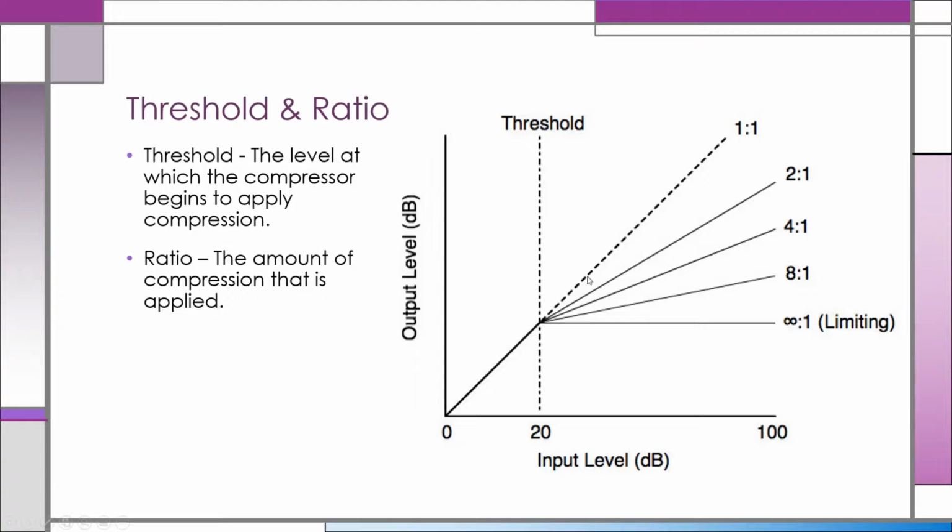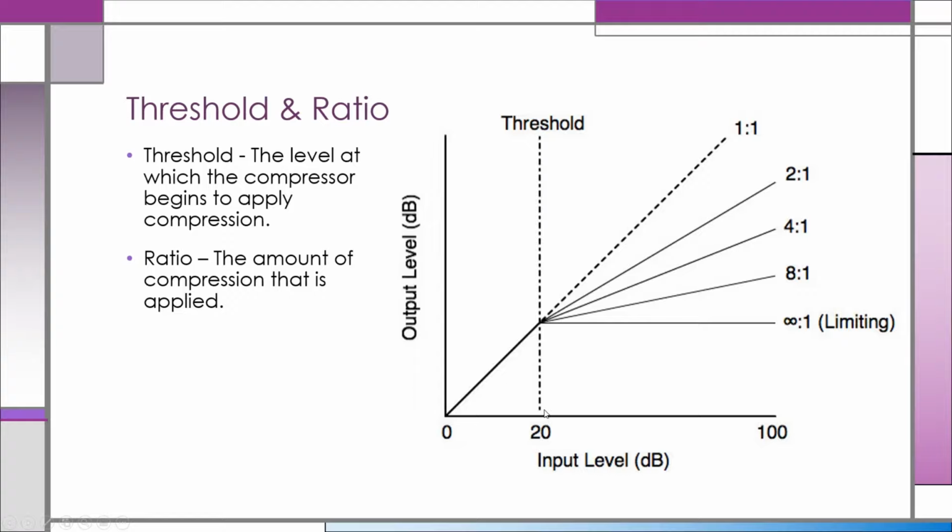So in this example over here, I have an input level of 20 decibels. So we've switched from dBFS, like negative 15 decibels as in a digital audio system, into analog, or just in the realm of acoustics. So we're actually talking about quantifiable sound pressure level here with decibels.